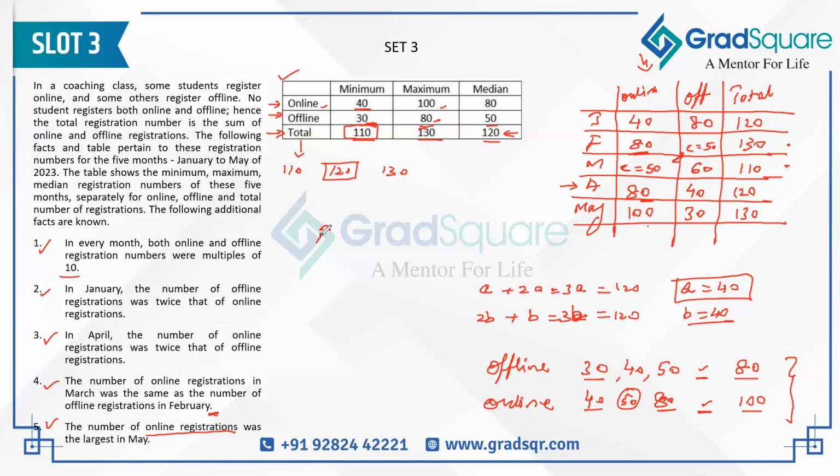I'm looking at only February and March, the rest of the values are fixed. So only this particular row and only this particular row, these two rows, the values were not decided. So I'm only writing these two rows over here for online and offline product, and trying to understand the total as well by choosing the values and see what other values we can fix.